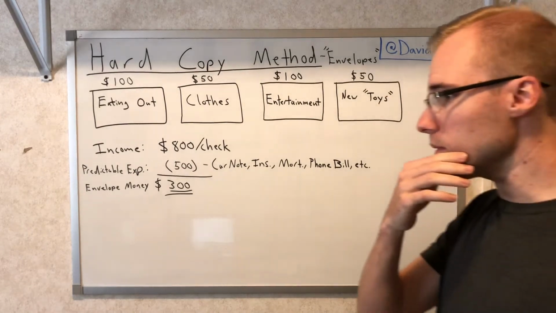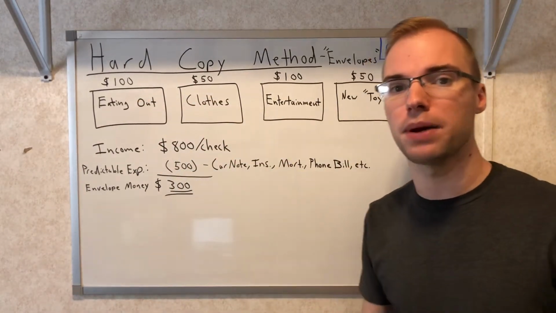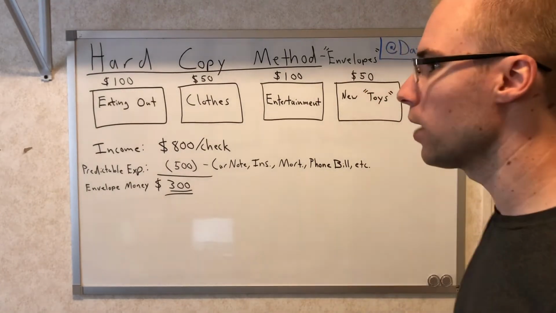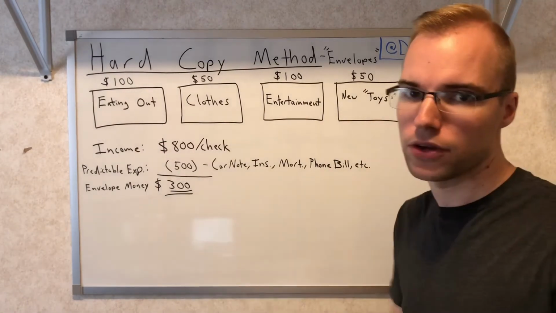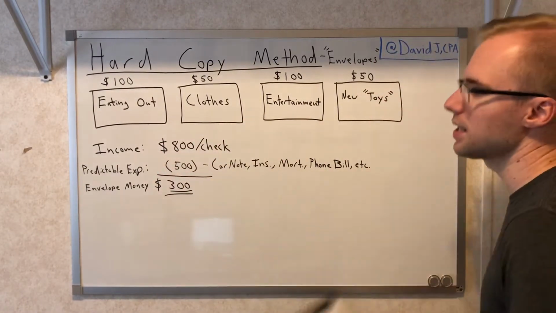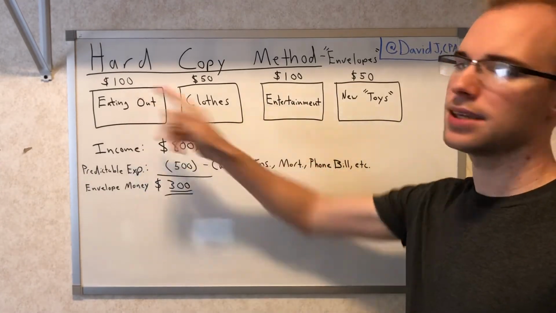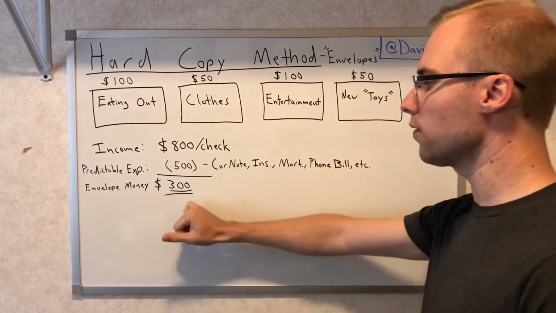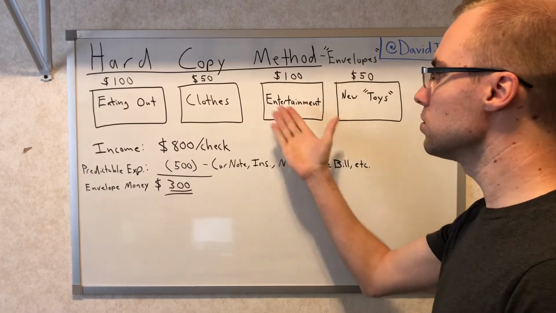Now, what you put in these envelopes is strictly up to you based on your personal lifestyle, okay? There's no way that I can effectively base it off of your needs. But just as an example, let's say you really like going out and you really like to eat at restaurants over everything else. So we're going to put the majority of our envelope money to these areas, okay?